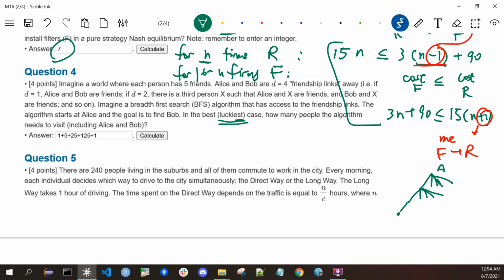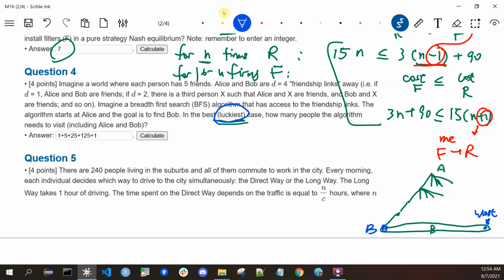So there are 4 links away from, at this level, one of them is Bob. And in the luckiest case, Bob is the first one that we'll search at level 4. In the worst case, Bob is the last one, so that's the worst case.